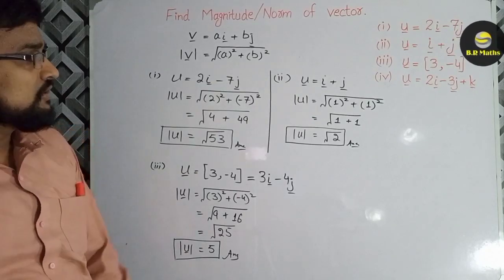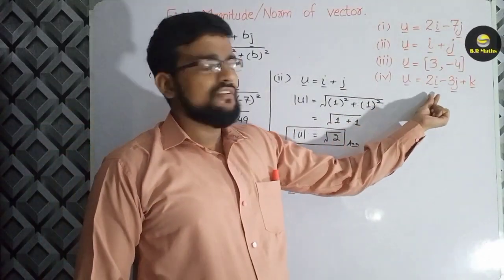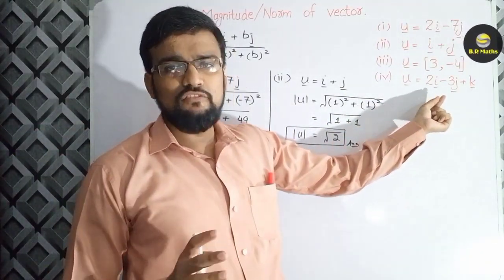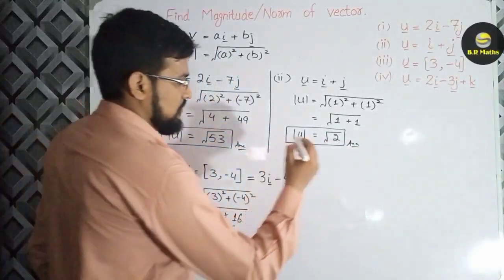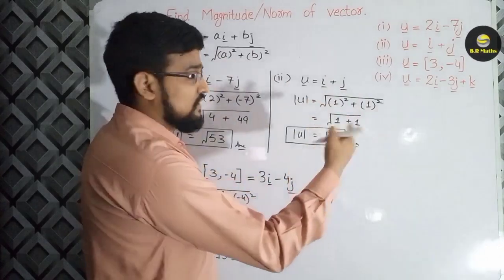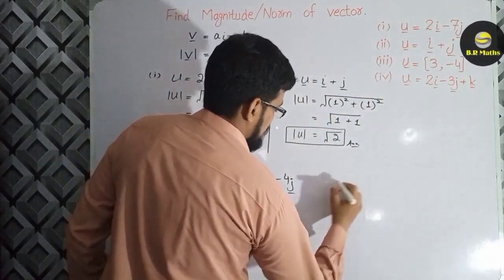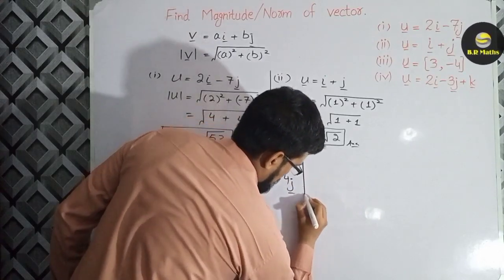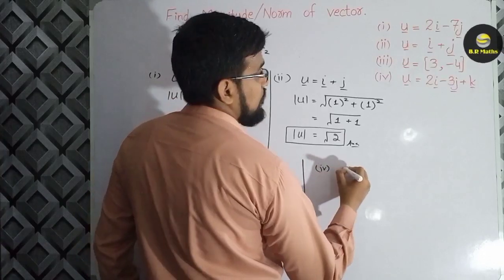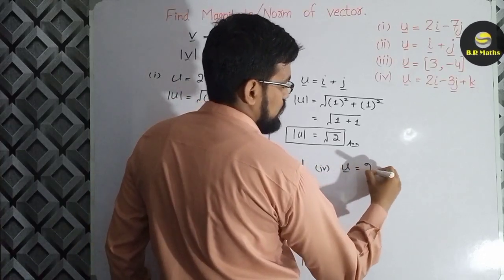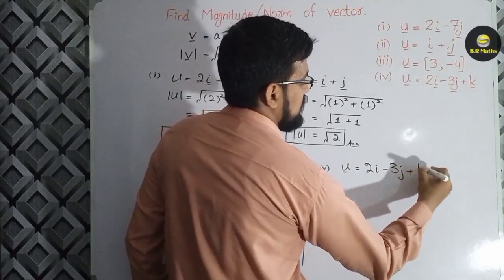And now the last, the fourth part. In this vector, this is a three-dimensional vector, i, j and k. Okay, so this is not a difficult or different method, similar to these questions. The u is equal to 2i minus 3j plus k.